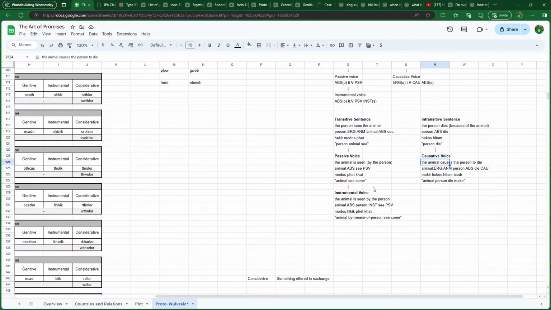And so now you're allowed to run it through the passive voice and instrumental voice as well. But turning the causative voice into the passive voice sort of makes it a resultative in a sense. So is that what we write? Resultative voice. This is silly. This is a silly thing we're doing.